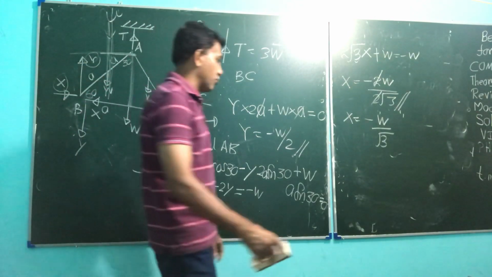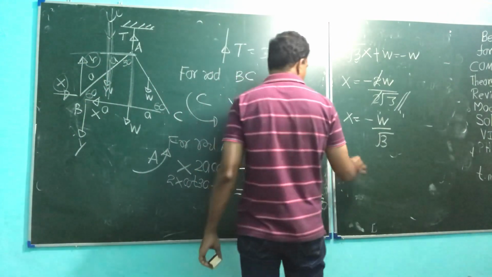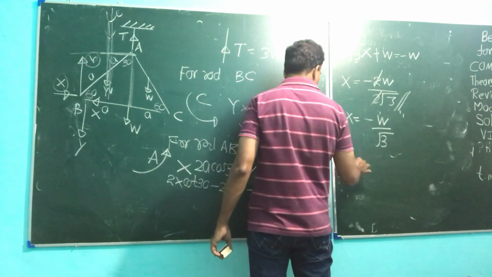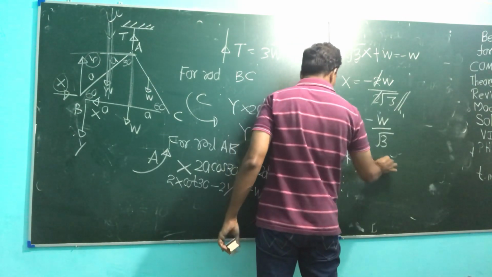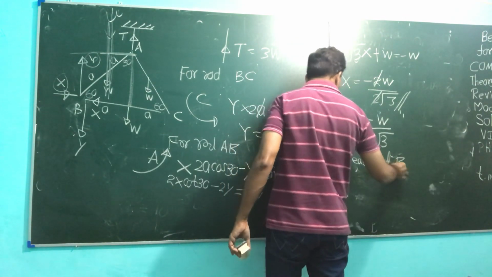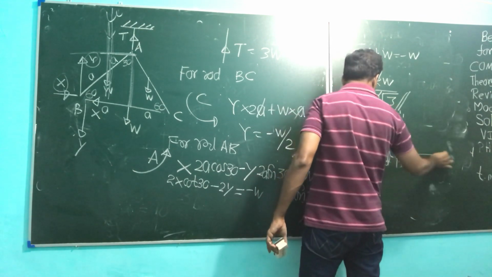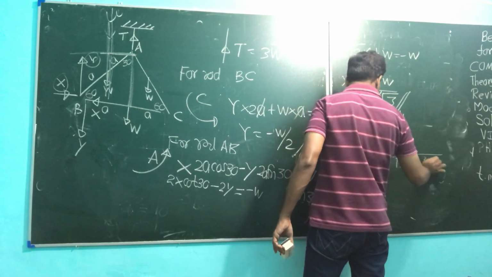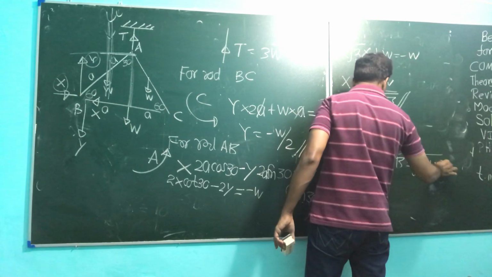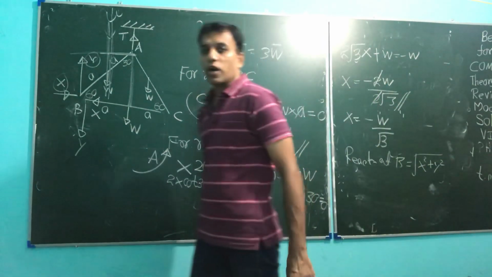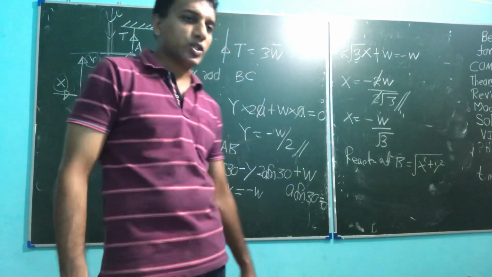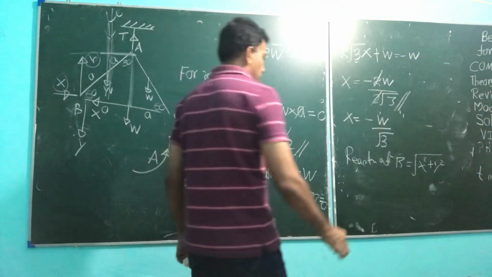Therefore the reaction at B equals the square root of x square plus y square, right? Therefore apply the values.